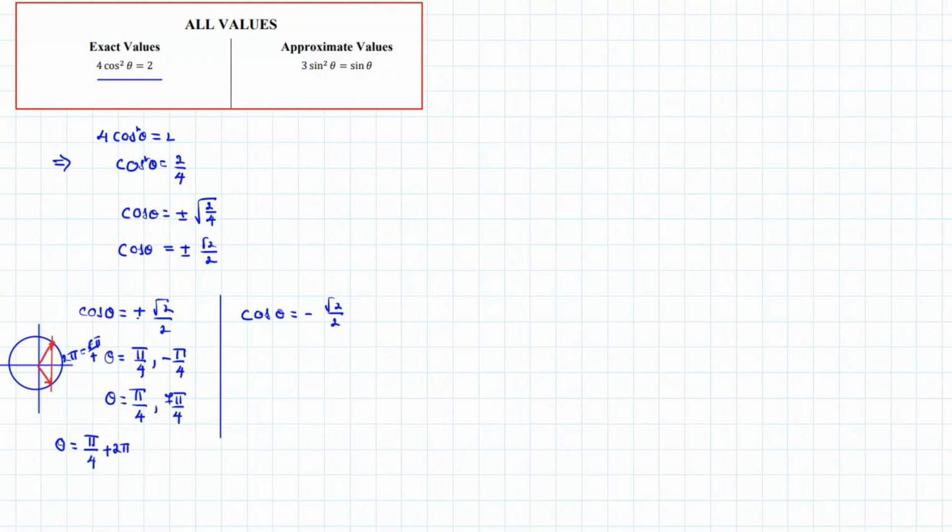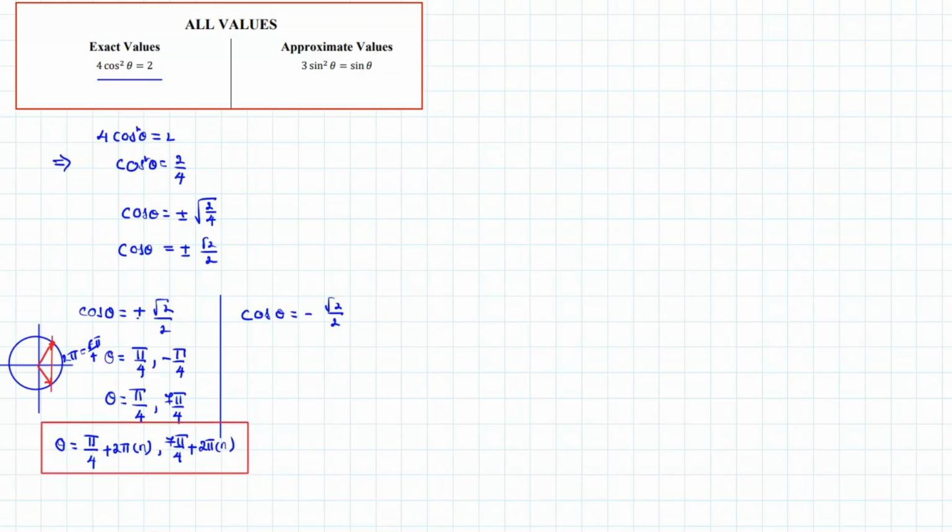Okay, so now let's solve this equation. Cos theta equal to negative root 2 over 2. So cos theta equal to negative root 2 over 2, what is theta? Let's use our unit circle.